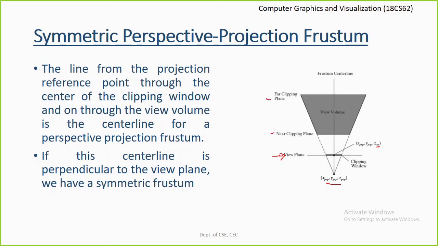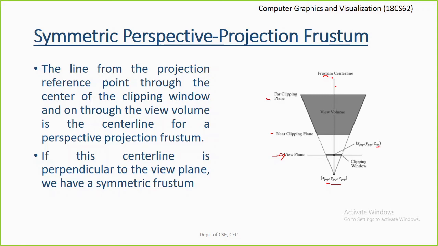Now, if you have a line of projection, a line from the projection reference point through the center of the clipping window and onto the view volume, we call it a center line. This is the frustum center line here.